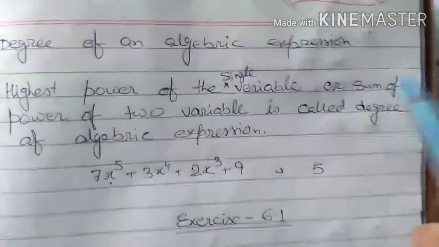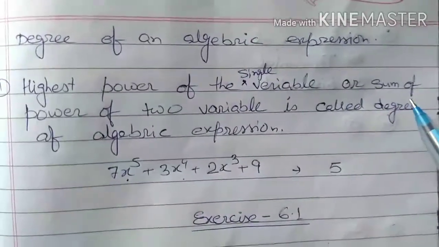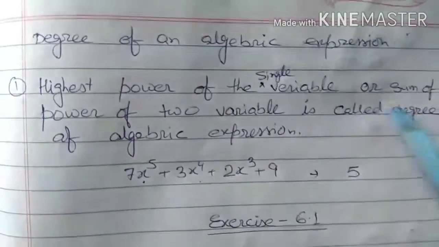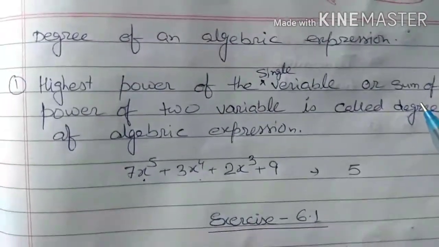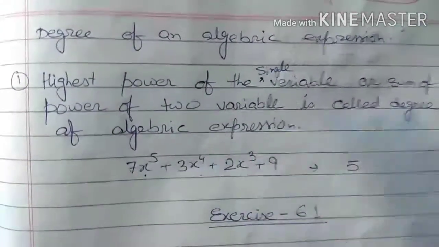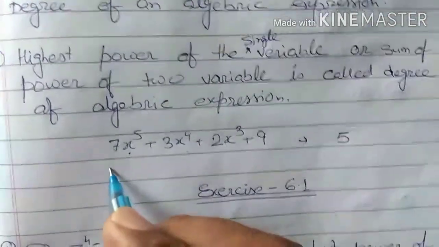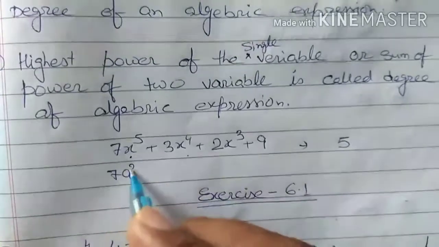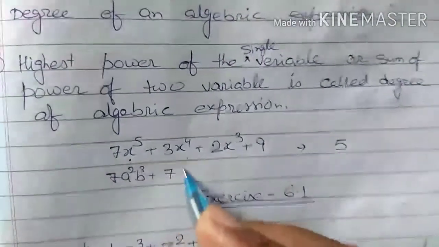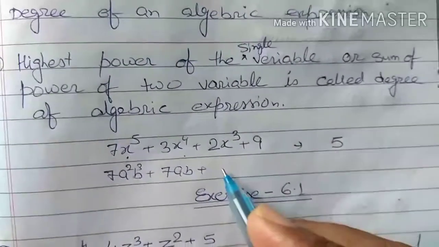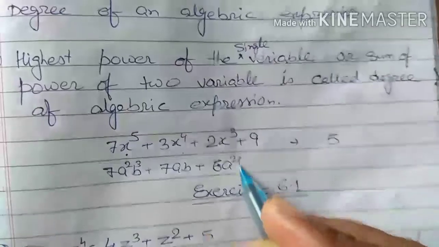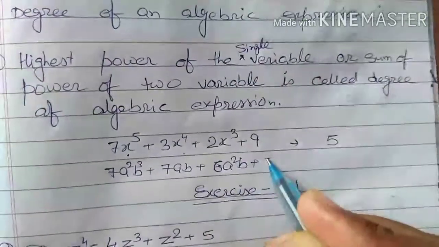Okay. But if there are two variables, then the sum of the powers of the two variables is called the degree of the algebraic expression. Suppose they are written 7a square b cube plus 7ab plus 6a square b plus 5.